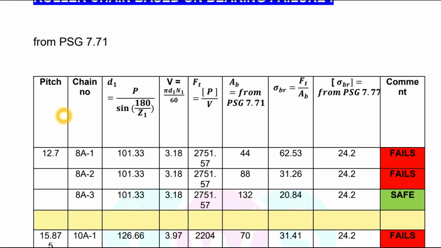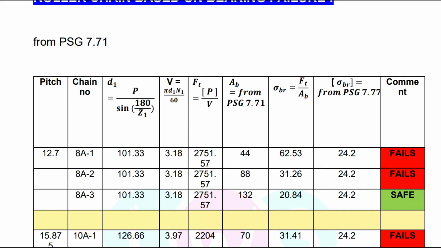So the first column will be the pitch, the second column is the chain number, then the column D1. D1 is the diameter of the driving sprocket, and the formula for D1 is P upon sine of 180 upon Z1. Next is V for velocity: V is equal to pi D1 N1 upon 60.